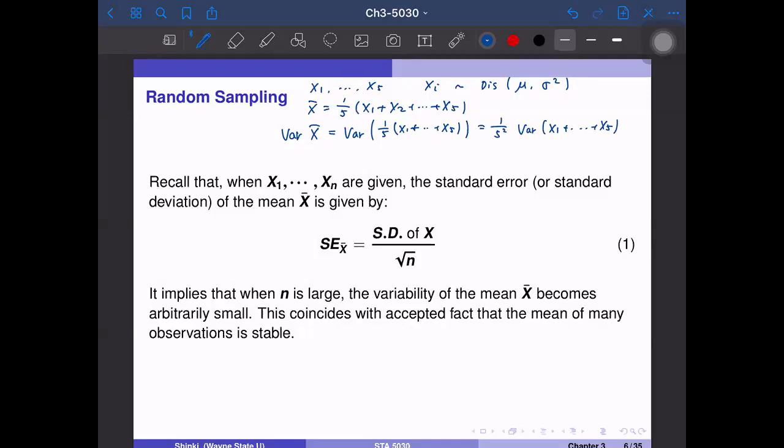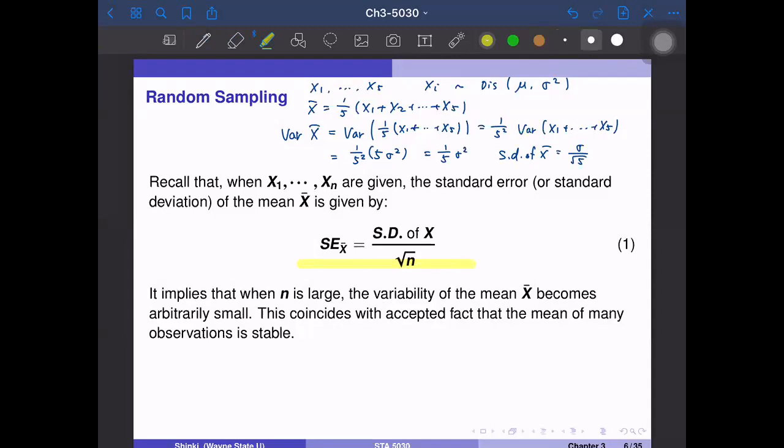So if independent, this becomes just 5 times sigma squared, because the variance of xi is equal to sigma squared. So this becomes 1/5 sigma squared. So finally, the standard error, that is the standard deviation of X bar, is equal to sigma over square root of 5. So that's why we get this formula.